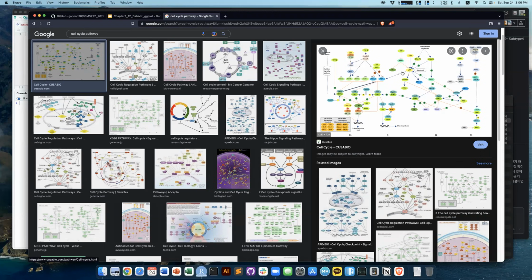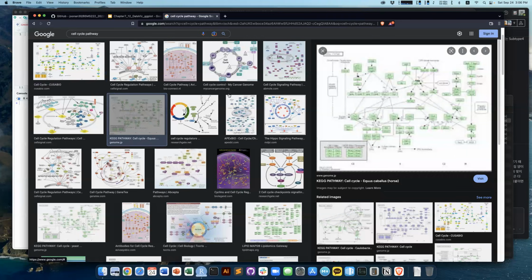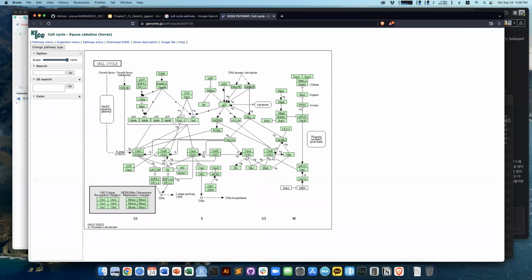So this is sort of the consequence, and those areas are initiating the cell cycle, right? I think this is a more proper one. Let's click the pathway image. Okay, so this is the cell cycle pathway.